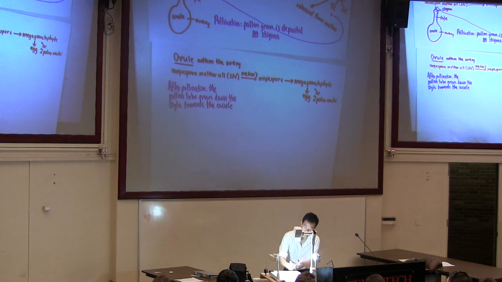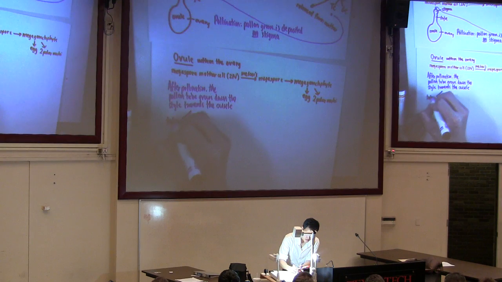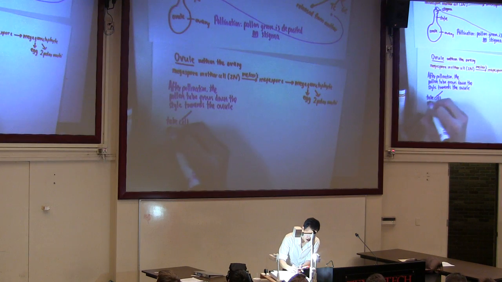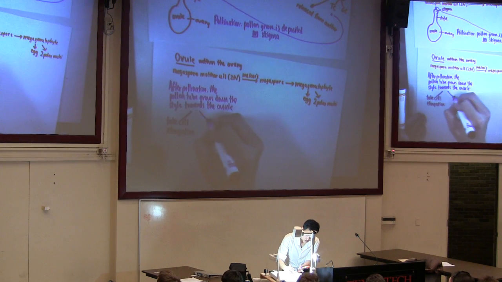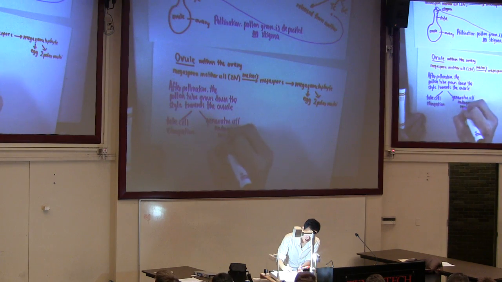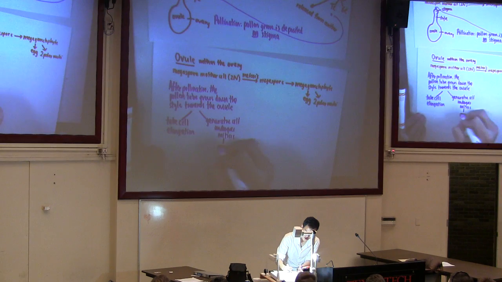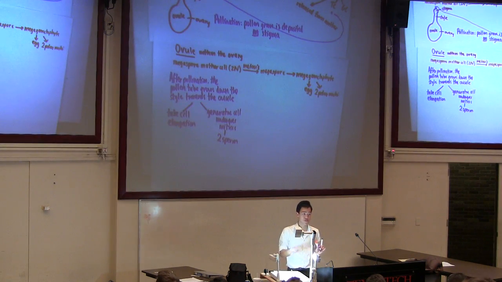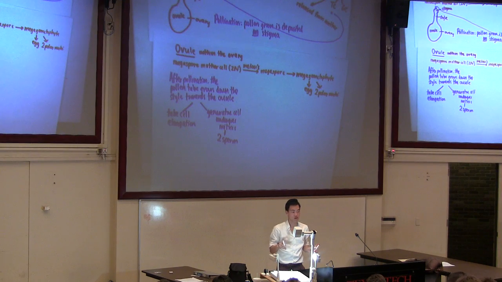So as that happens, the tube cell is elongating and the generative cell undergoes mitosis to produce two sperm. And like gymnosperms, can these sperms swim? No, they're non-motile.